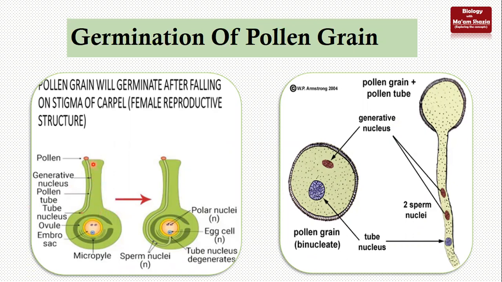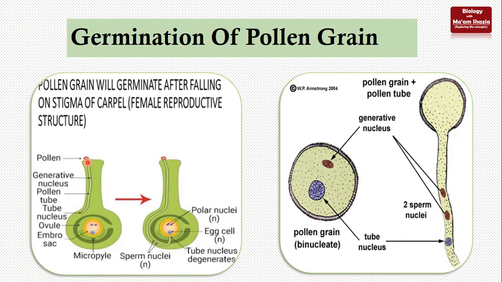So when a pollen grain falls on the stigma, the stigma is somewhat sticky because of the production of some chemical. This is responsible for attachment of the pollen grain to the stigma, right? And then the tube nucleus is capable of producing the pollen tube.